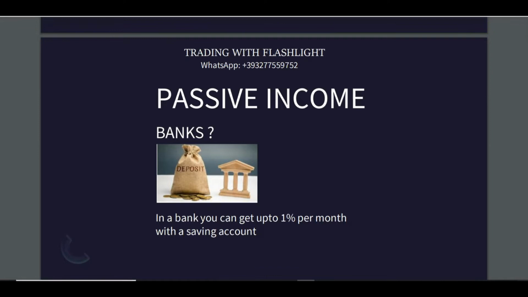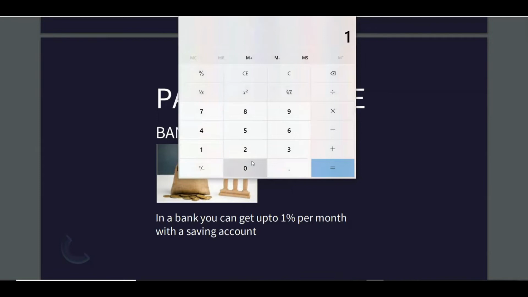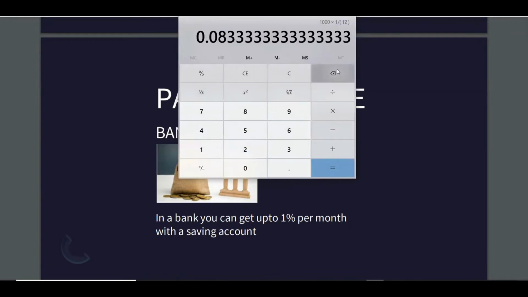So let's check if the calculations are right for everybody. If somebody has $1,000 and he puts it in a bank, he's earning 12%, which is up to $120 of profit. If the bank is paying you 1% per month, you are going to earn up to 12% per year.